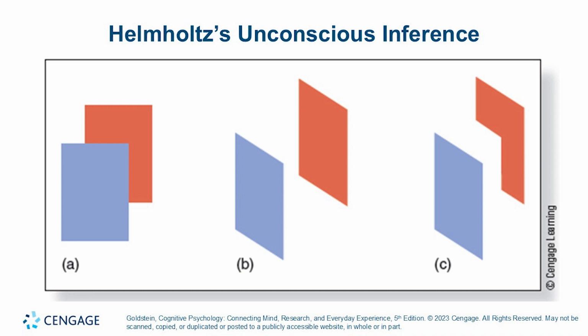However, there's an alternate explanation: perhaps the object in the back isn't a rectangle. Perhaps it's cut out in the outside shape of the blue rectangle, and it's this inverted L shape that's behind the blue rectangle. Judging by just what the retina receives, we can't actually tell those two possibilities apart.